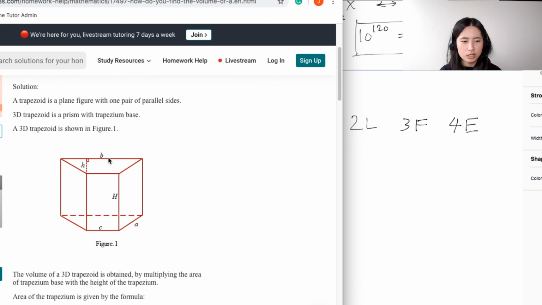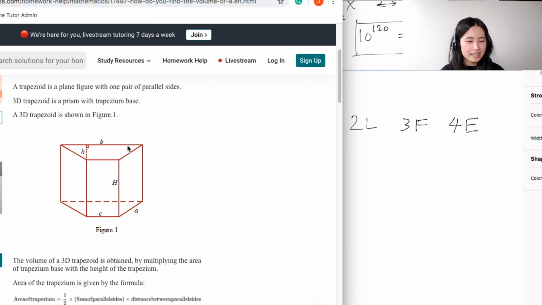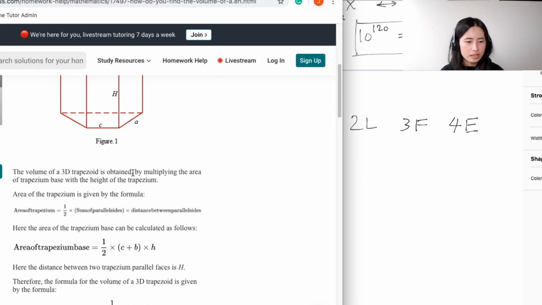And this is in fact a trapezoid prism or trapezoidal prism, depending on which one you prefer. And then it says, yeah, so we have a trapezium base. And let's see, the volume of a 3D trapezoid is obtained by multiplying the area of a trapezium base with the height of the trapezium. Multiplying the area with the height.